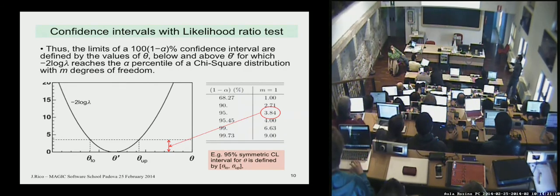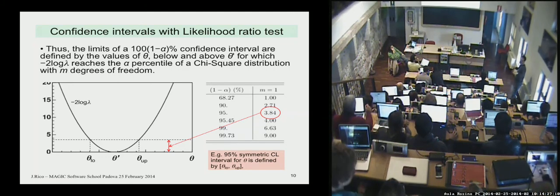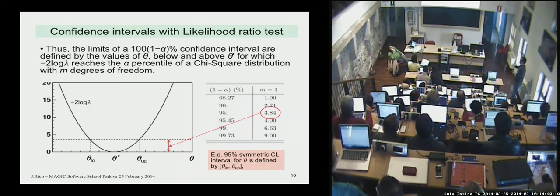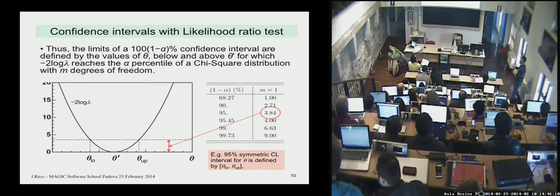But this function has the same shape as when you do a chi-square test, a least square test, for example. It's the same function, if you will, except you can move it. This is by construction. It always has a minimum at 0 because of the way we have constructed it.